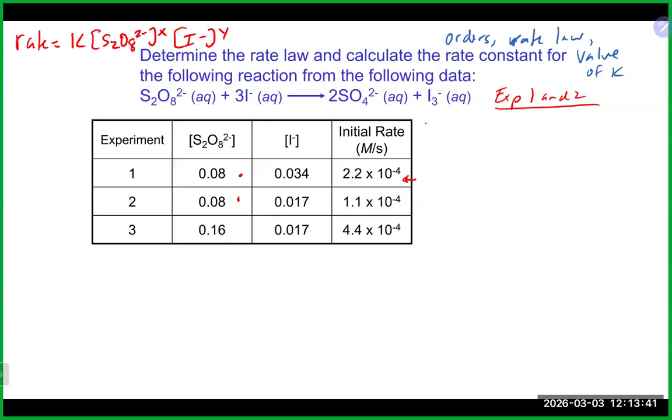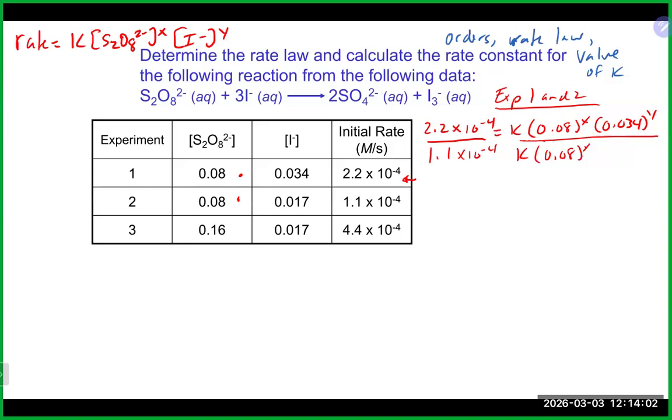So everything for experiment one goes on top: 2.2 times 10 to the minus 4 equals k, 0.08 to the x, 0.034 to the y. Everything for experiment two goes on the bottom: 1.1 times 10 to the minus 4, k, 0.08 to the x, and 0.017 to the y.